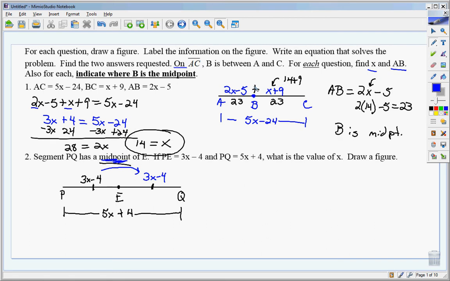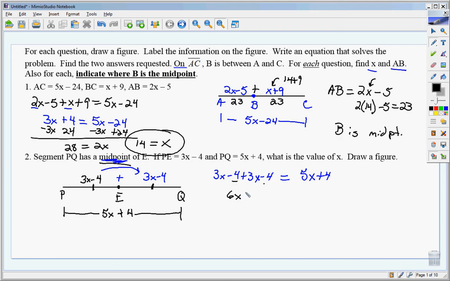And it then is very similar to the first problem. I can add the two pieces together, 3x minus 4 plus 3x minus 4, should be equal to the entire thing, 5x plus 4. Again, combining like terms, 3x and 3x is 6x.